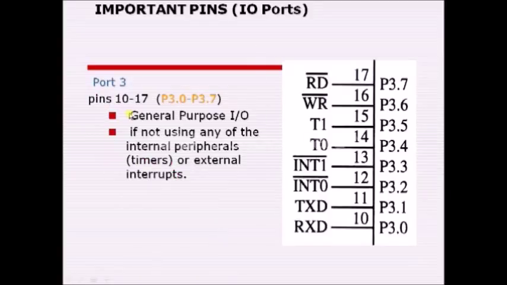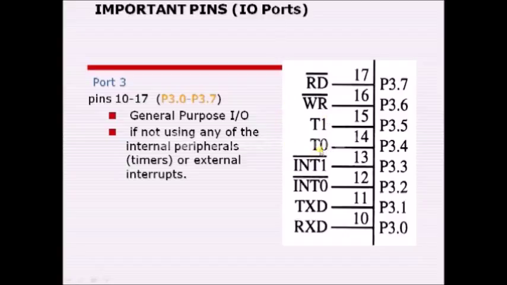Next we have port 3. It is again having 8 pins, P3.0 to P3.7, and apart from input output functionality, it provides some special functions like RxD, TxD, which are mainly used in serial communication, so we'll discuss them later. Then INT0 bar and INT1 bar are active low interrupt pins, and we'll discuss them during interrupts.